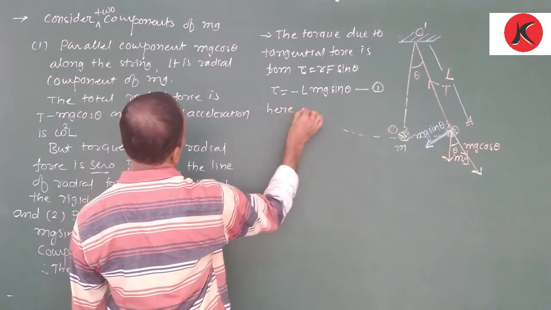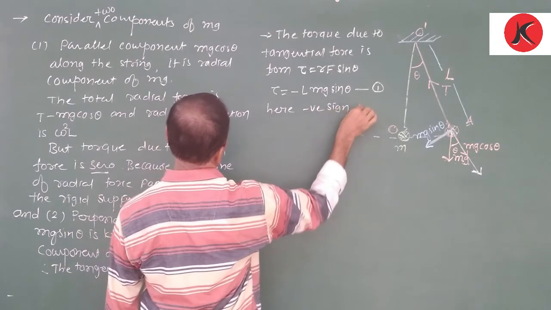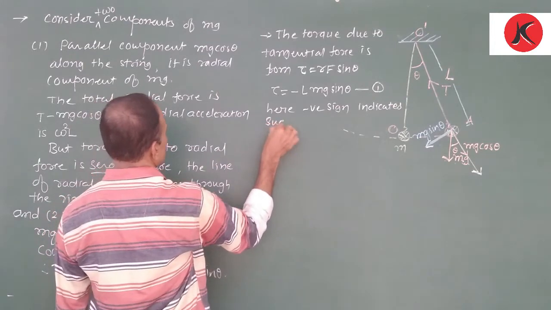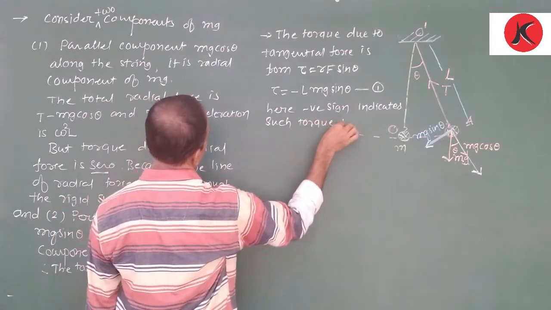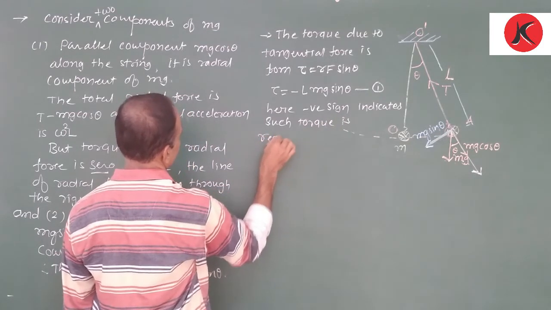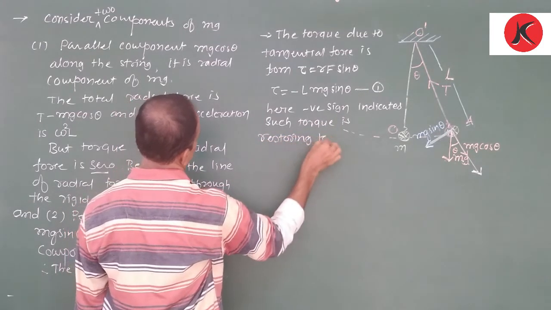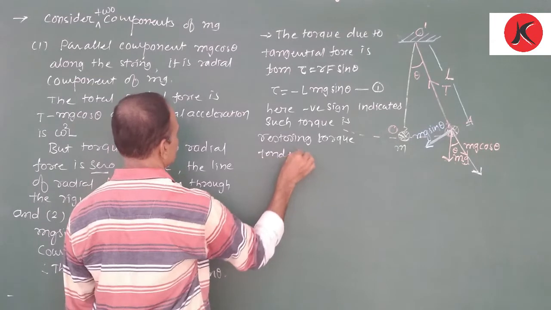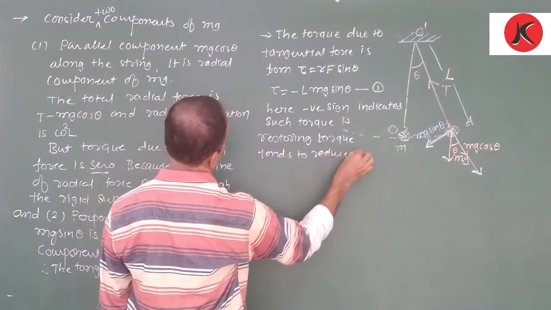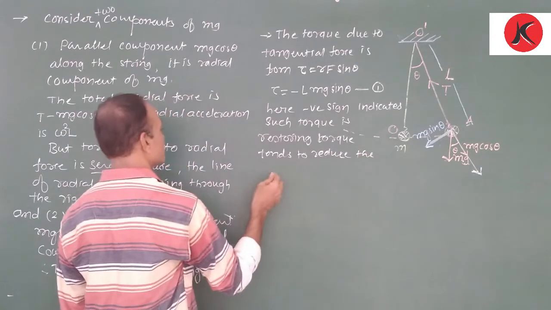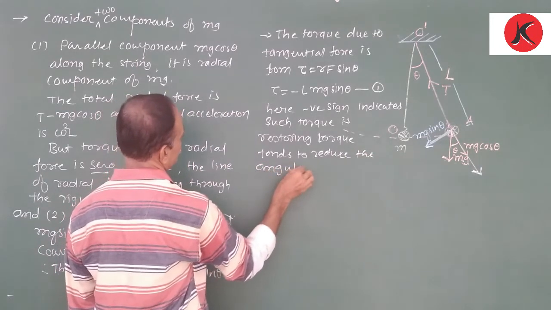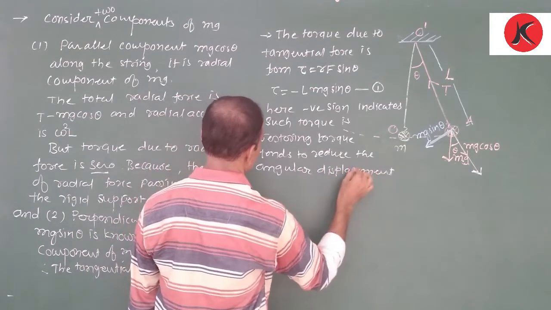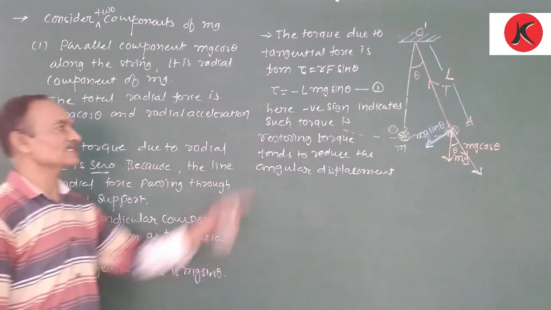Here the negative sign indicates that such torque is a destroying torque, which tends to reduce the angular displacement, and therefore the negative sign is placed in this equation.